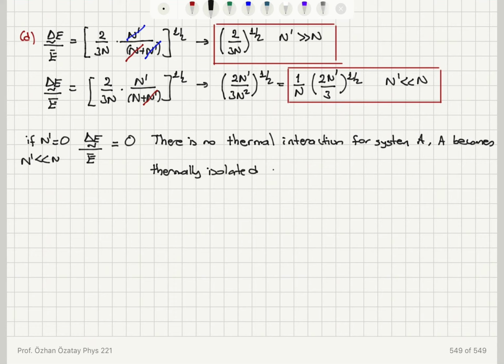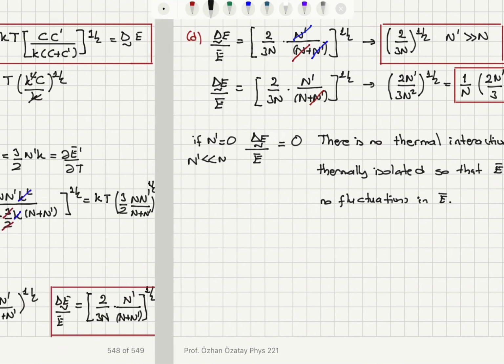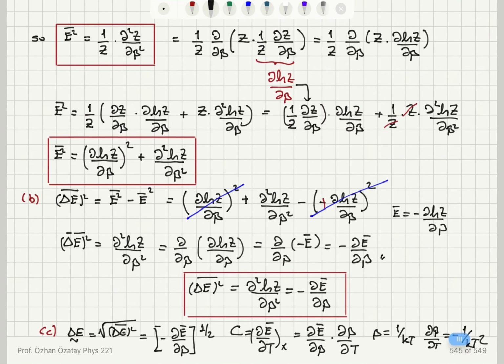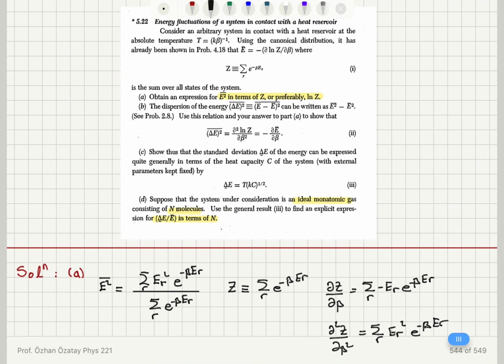Therefore, the mean energy E bar will be fixed and delta E tilde will become 0, no fluctuations in E bar, because the total energy will be fixed. So that will be due to conservation of energy, we expect it to go to 0, and indeed that's what we observe.